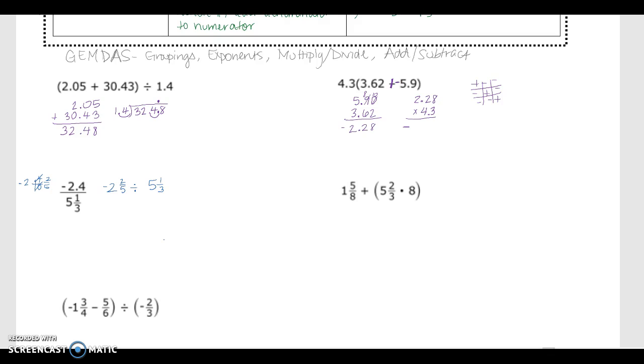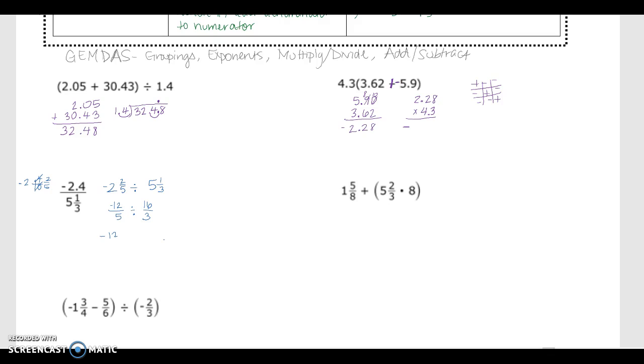So remember, we can't divide with mixed numbers, so we need to change them to improper fractions. 2 times 5 is 10, plus 2 is 12, so negative 12 over 5 divided by, always rewrite it, 3 times 5 is 15, plus 1 is 16 over 3. Now I want to keep change flip, right?